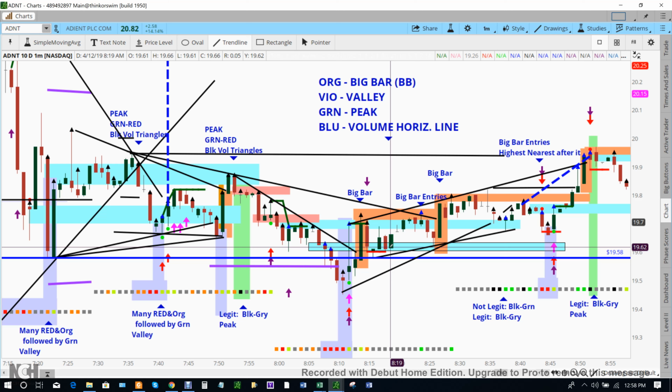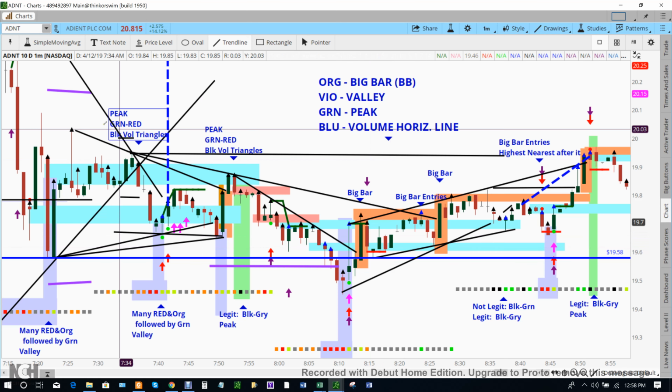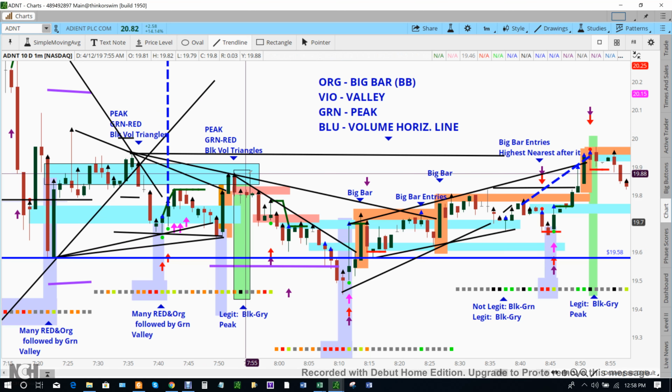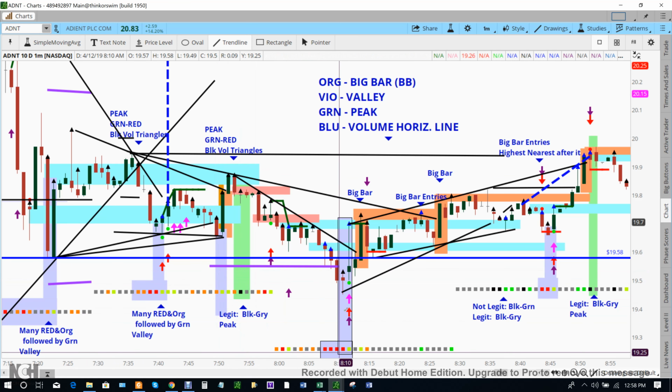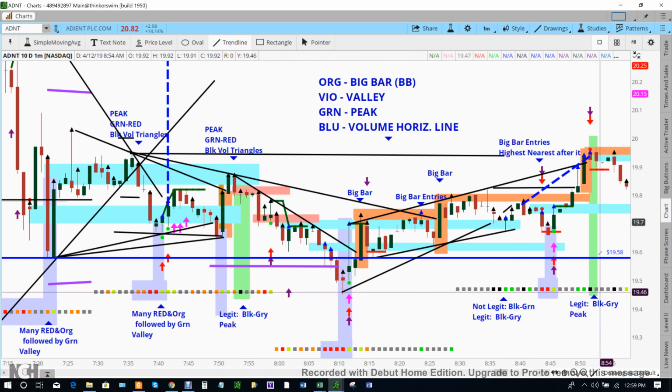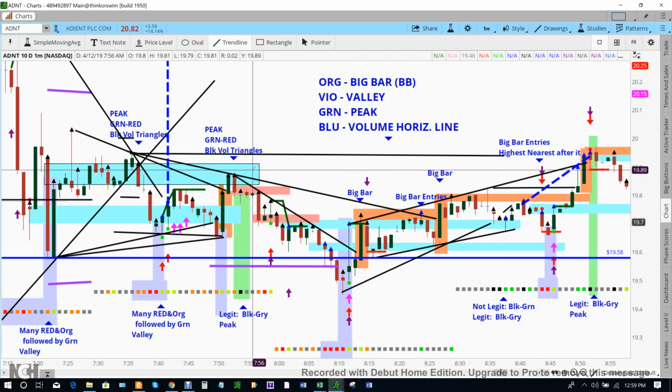So hence, I would like to talk about these horizontal rectangles. So far we've been talking about the vertical triangles to identify peaks and valleys, and now we're going to talk about the horizontal ones. The horizontal ones are ways we can use to predict peaks and valleys as well.